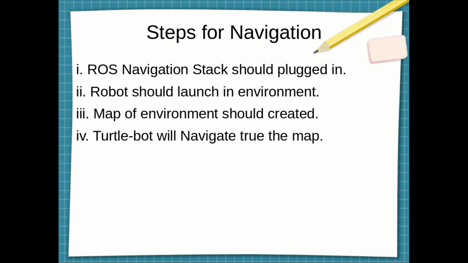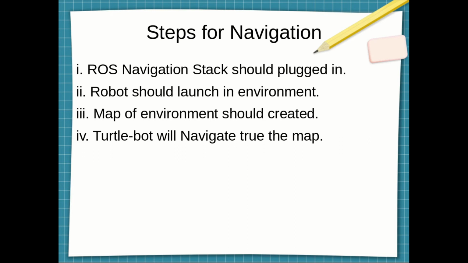The next thing is that the robot should be launched in an environment, and after that the map of the environment should be created. It is very important to launch the robot in the environment that we want to use it in.